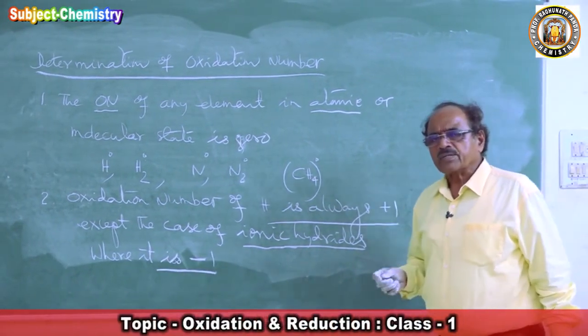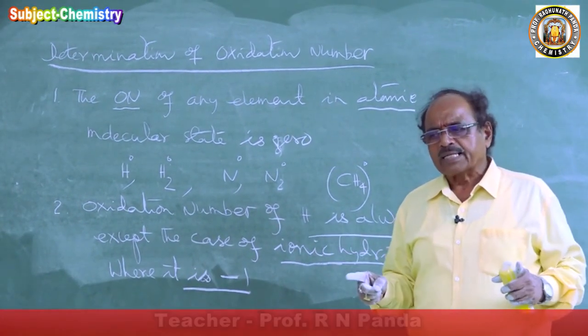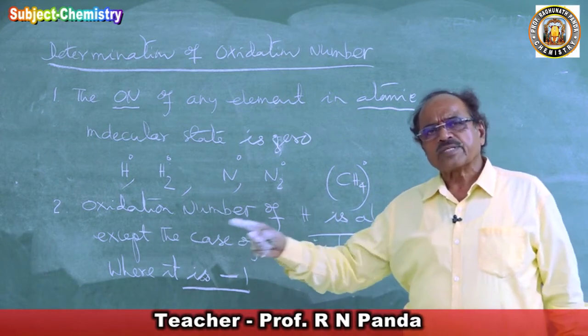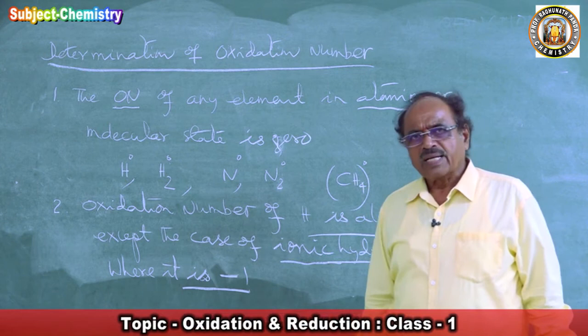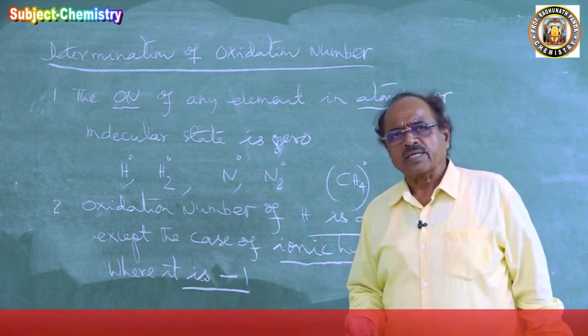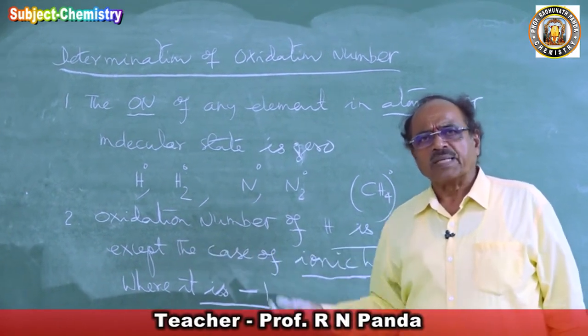But hydrogen is a peculiar element in the periodic table. You will find in the periodic table, hydrogen is there in group 1A, also there in group 7A. It's a dual character of hydrogen because it has one electron. It can lose the electron, form proton H plus, stable.